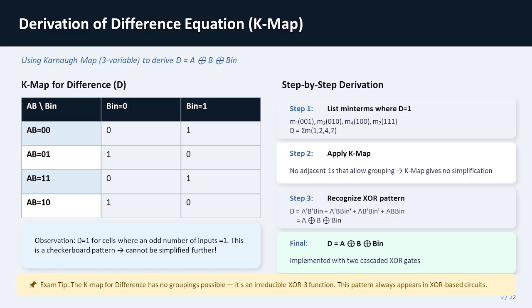If you are able to get that Boolean equation, just count the number of gates in that particular equation. After getting the number of gates, try to match it with the difference equation. Using the K-map you are going to create the difference equation, nothing but the Boolean equation for the difference output.